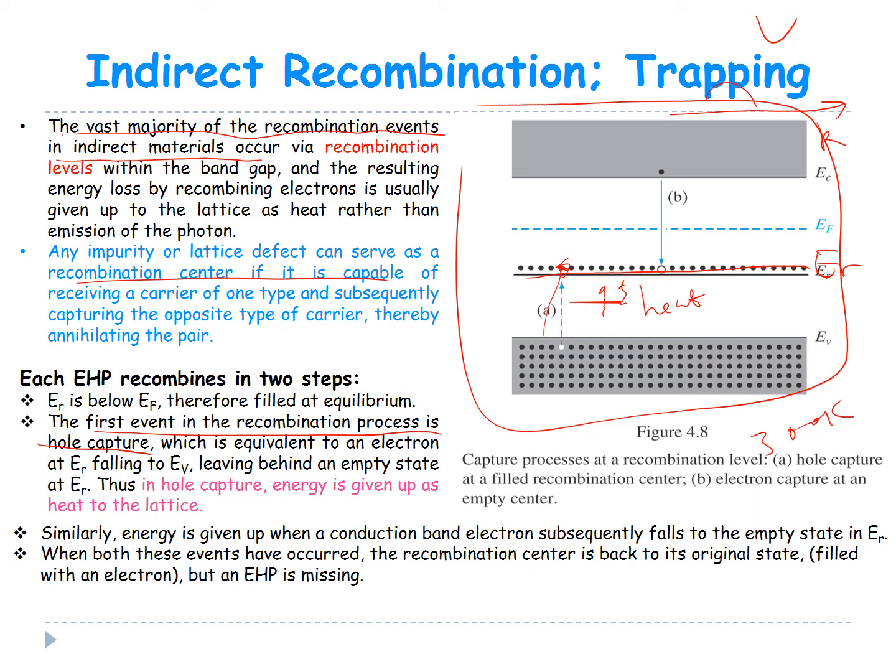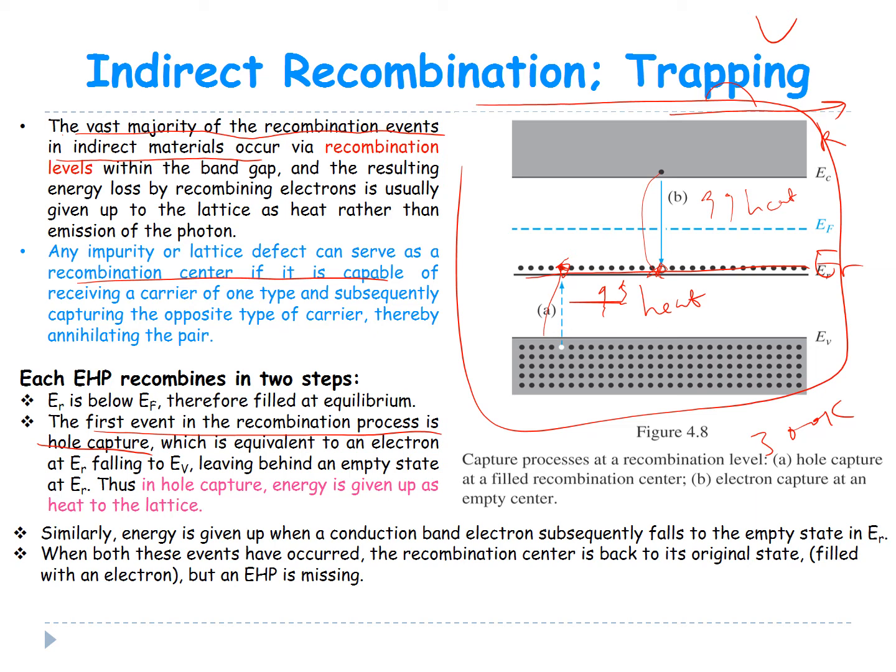Similarly, energy is given up when a conduction band electron subsequently falls to the empty state in ER. So after you create an empty state, an electron is going to fall again to the empty state in ER, and again heat is going to be given off rather than emitting light.